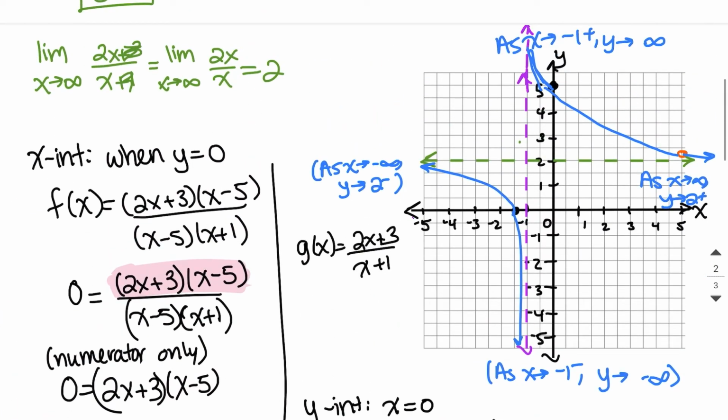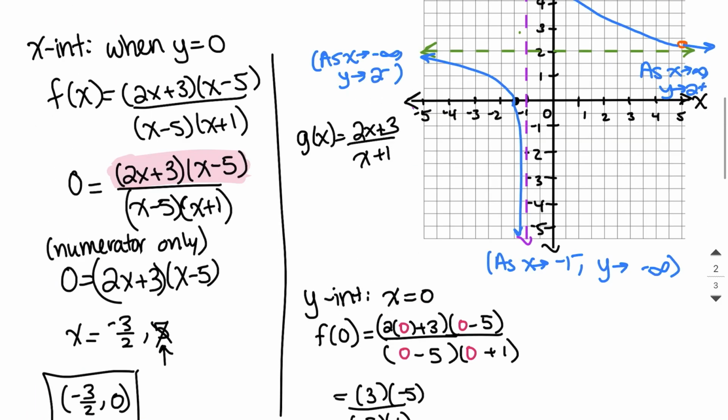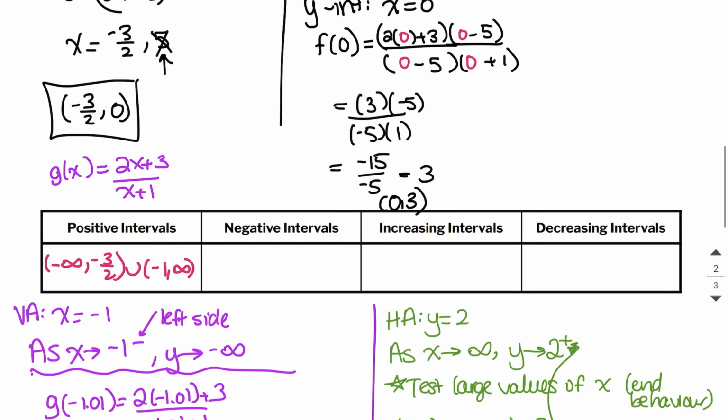And we can also say that it is positive from -1, from this point right here, all the way to infinity. We can see here that our graph is negative from this x-intercept until -1. So it's only negative for a very small x interval, from -3/2 to -1. And that's it. That's the only time it's negative.